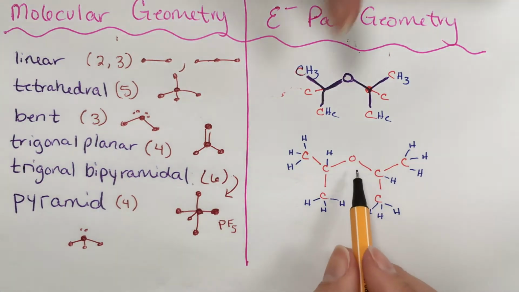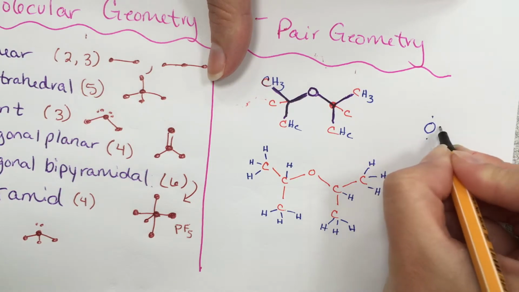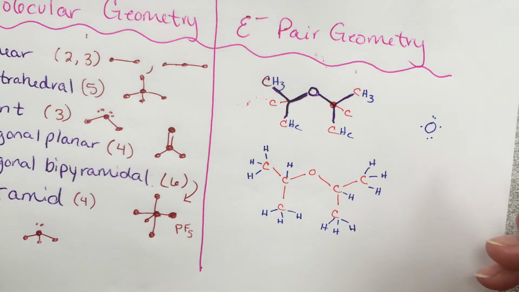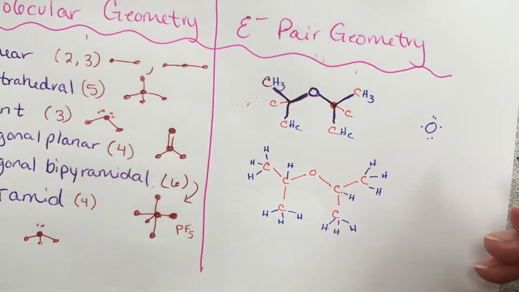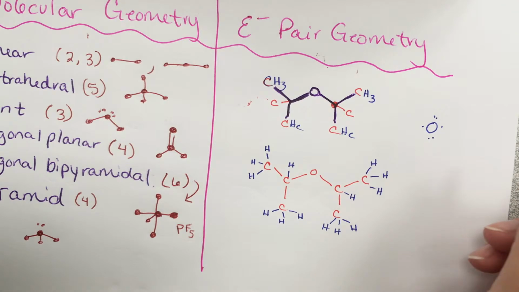So now we need to look at oxygen. So oxygen over here has 1, 2, 3, 4, 5, 6 valence electrons. If you look at the periodic table, the trend shows that everything in group 6, if you're not looking at the D block, has 6 valence electrons.